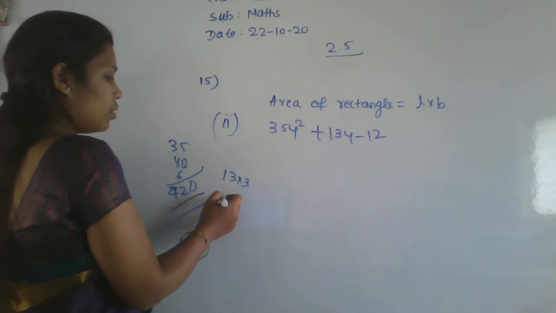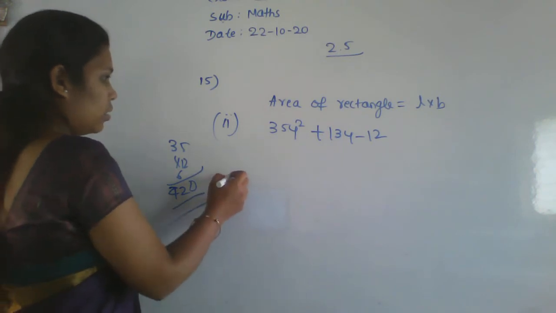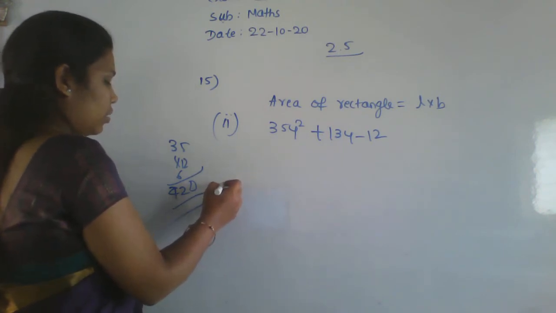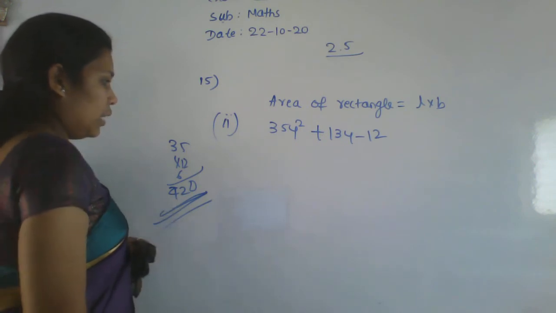Next one is 420. We have to find the factors of 420.